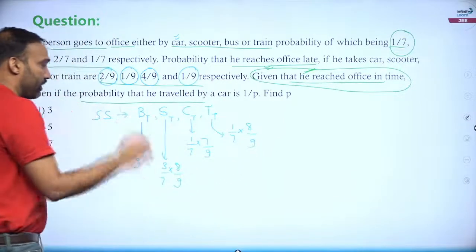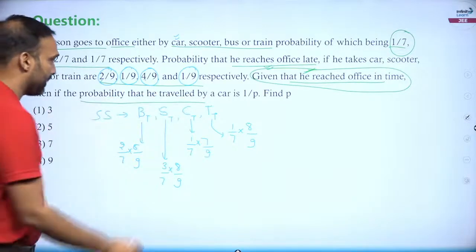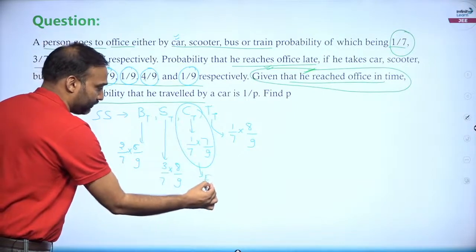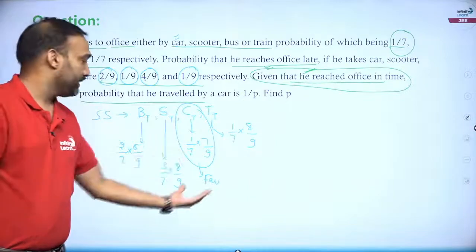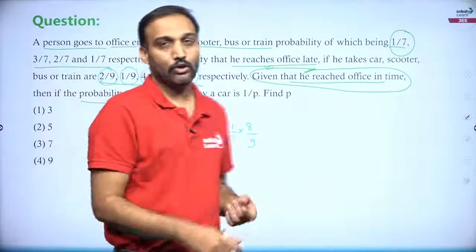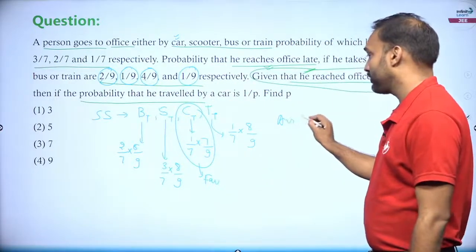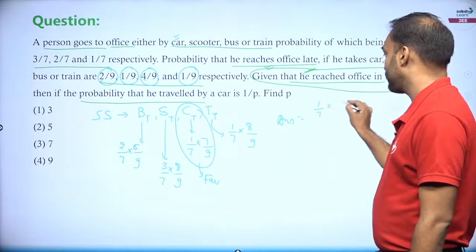So I got all the 4 possibilities, and we have to find with the car. So this becomes your favorable, right? So all 4 will be your total outcomes. This is your favorable, and what is the probability? Favorable upon total outcomes. So now let us quickly solve this. So answer would be favorable is 1 by 7 into 7 by 9.